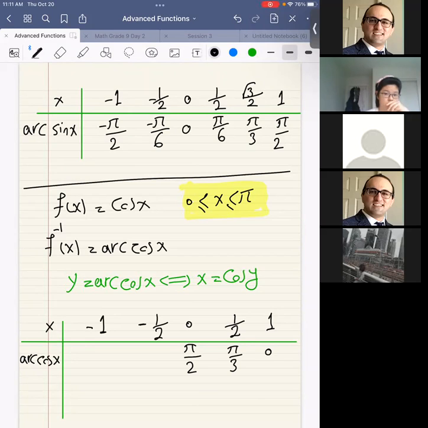Two pi over 3. Okay, so that's good. So for -1/2, it should be 2 pi over 3, which is pi minus pi over 3. Exactly. And minus 1 is, of course, pi. Okay. So for arc sine and arc cosine, you just switch the x and y values of sine and cosine respectively, right?